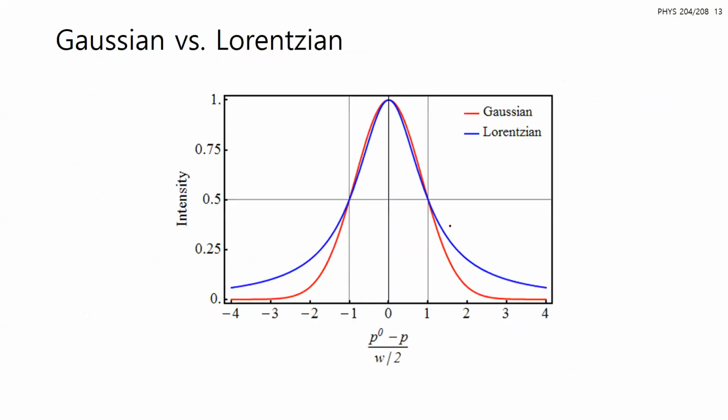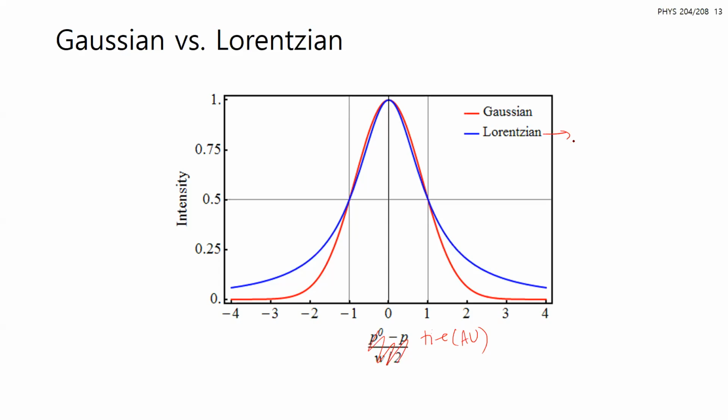And I want to point out and go into a little more detail the Gaussian versus Lorentzian. So the Gaussian is shown in red here. We can just say this is arbitrary units of time, or the frequency, versus the Lorentzian shown in blue here. So some things to note is that at the full width half max, maybe this isn't the best plot here.